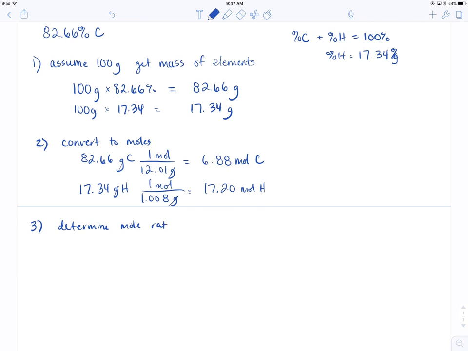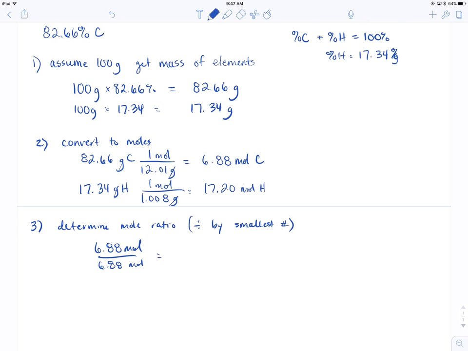And this is done by dividing by the smallest number. The smallest number here is 6.88. So I'm going to take 6.88 moles divided by 6.88 moles.